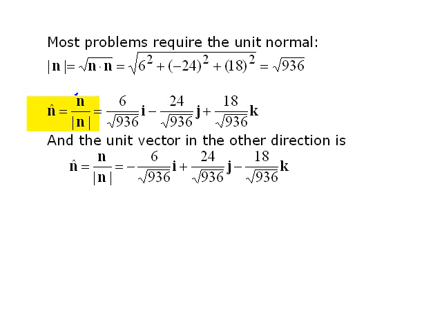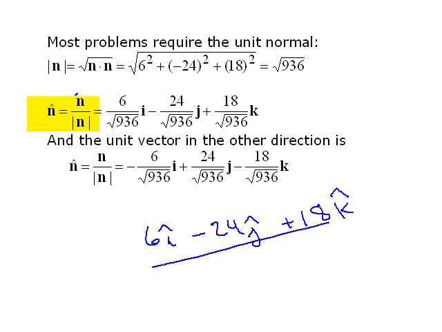Some people like to write the whole vector like this. I don't do this. But like 6i minus 24j. This is something not to do, bad habit or bad practice. And then divide the whole thing by the square root of 936. Okay, that's really bad practice. That's just not good. All right, and it's very confusing.